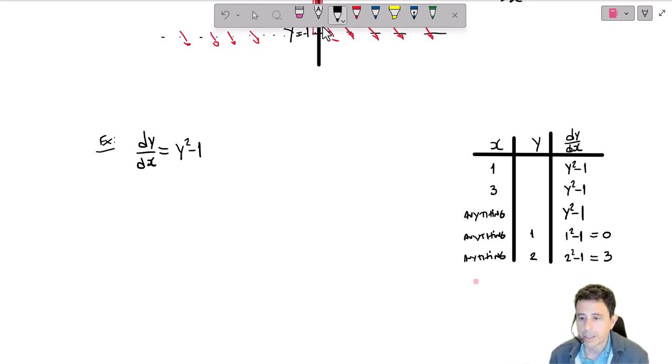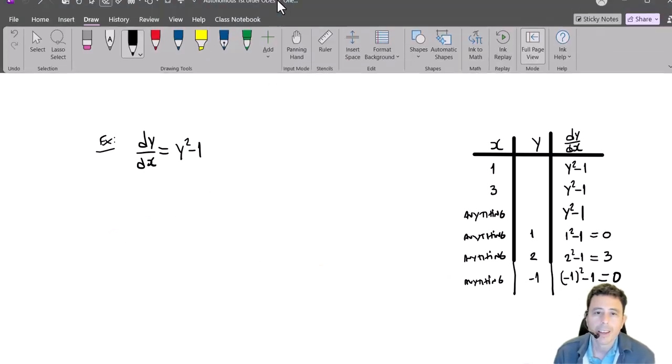Pick one more, x can be anything, and let's pick y equals -1. This would be -1 squared minus 1, which is 0. So we have 2 critical points here. If y equals 1, the derivative is 0. If y is -1, the derivative is also 0.